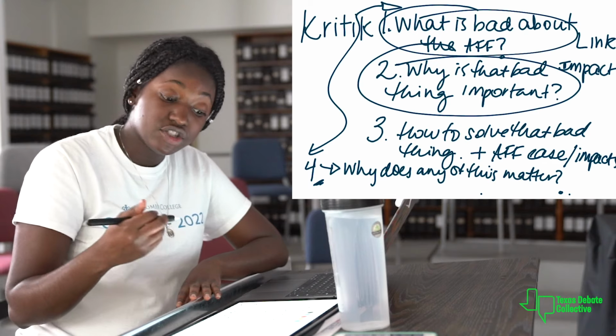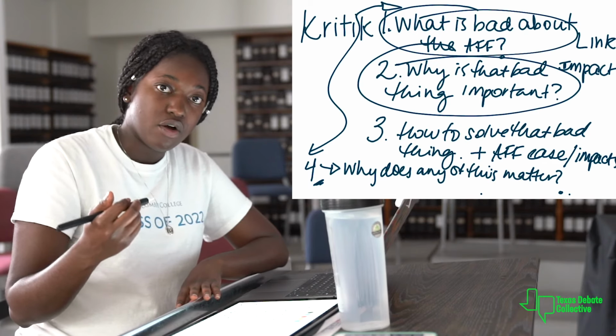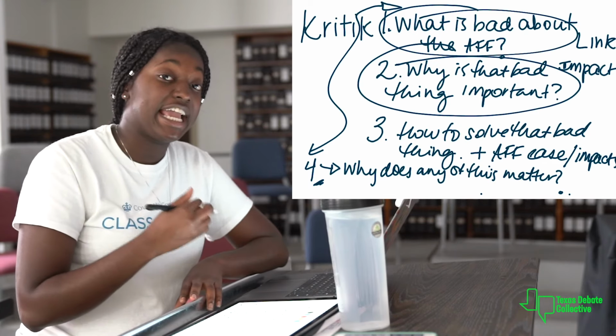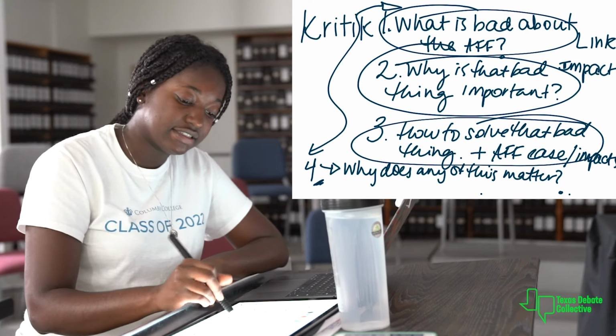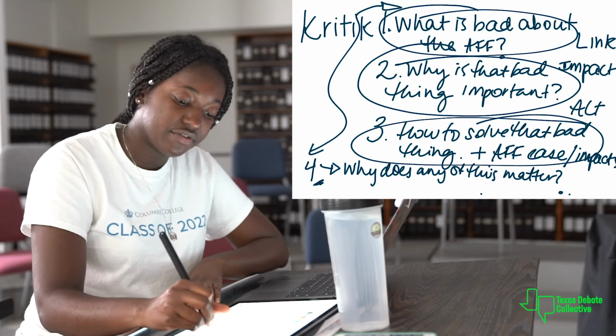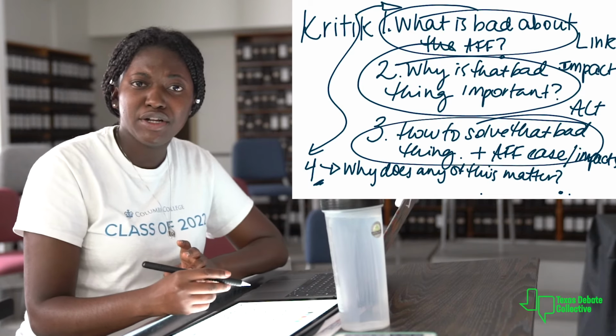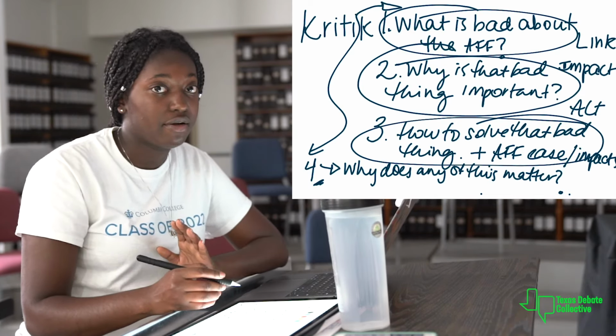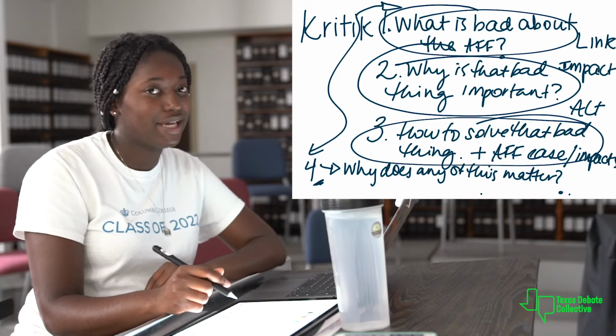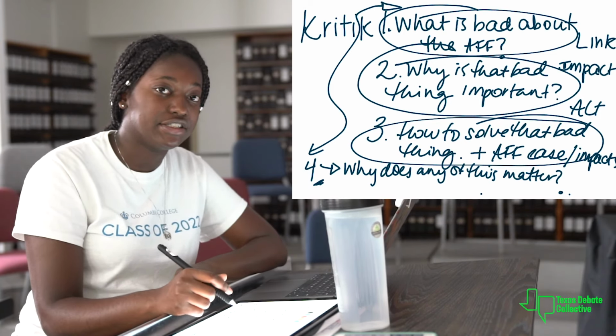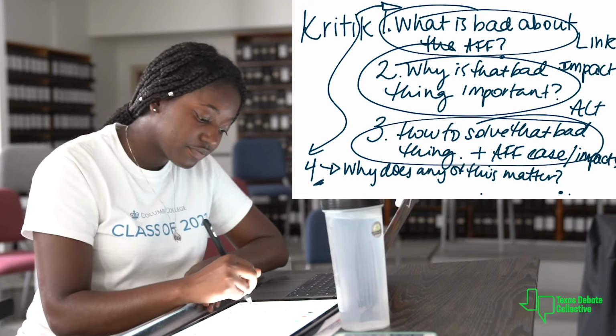Third thing, how to solve that bad thing, or how to solve that bad thing and the AFF case and impacts, is the alternative. And then lastly, why does any of this matter? Again, this can be at the bottom, but it makes sense for it to be at the top because that is your framework.